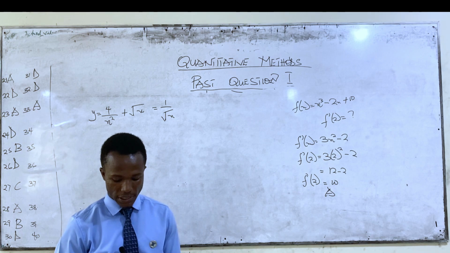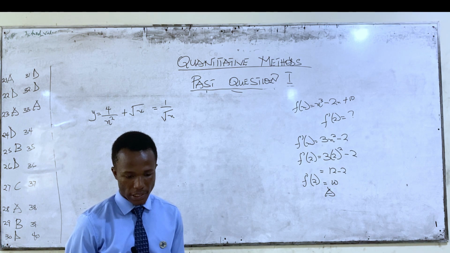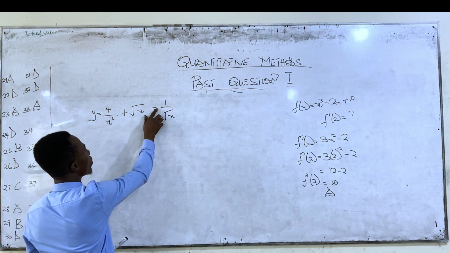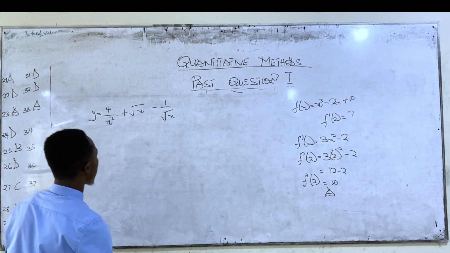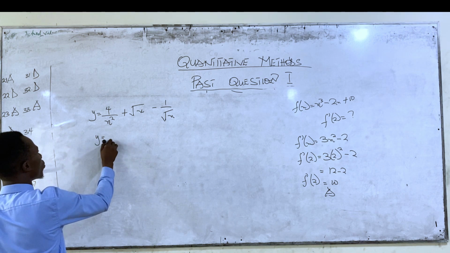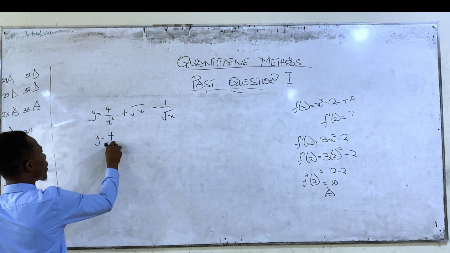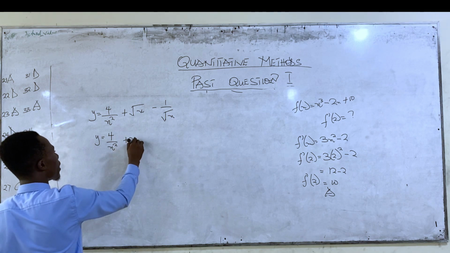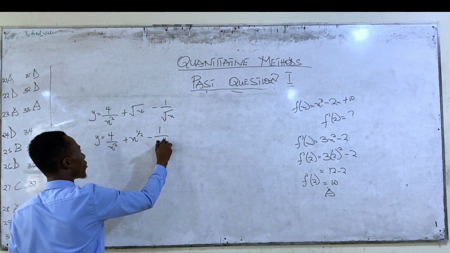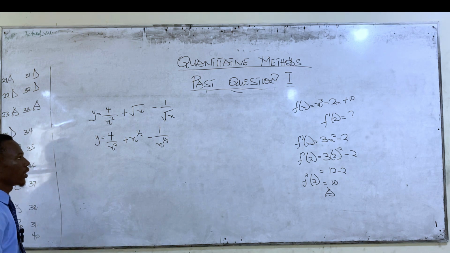So now let's just simplify everything. Oh, it is minus, not equal to. We have y equal to 4 over x squared plus x exponent half minus 1 over x exponent half. If you simplify it this way, you are good to go.